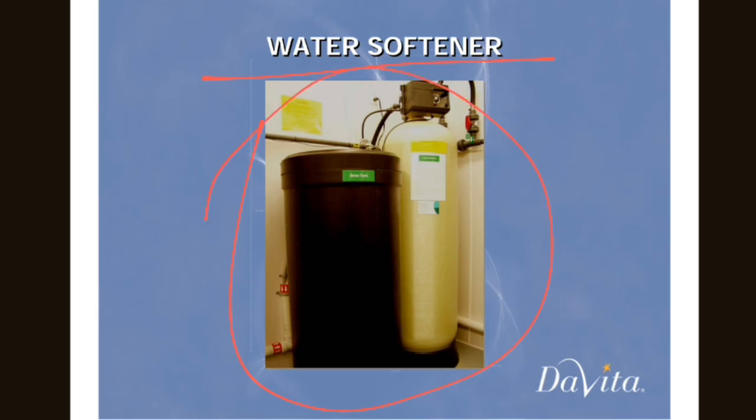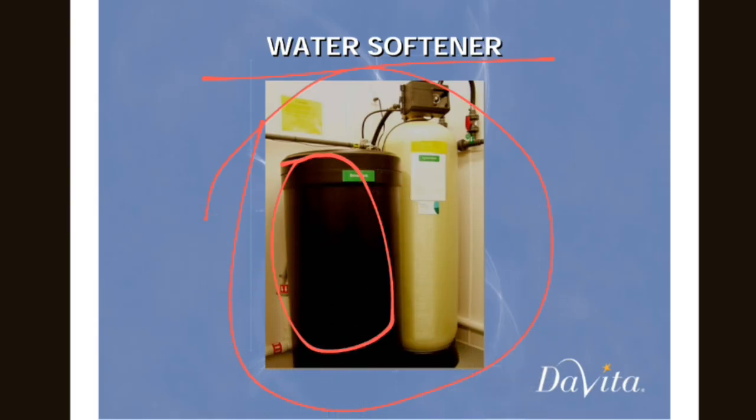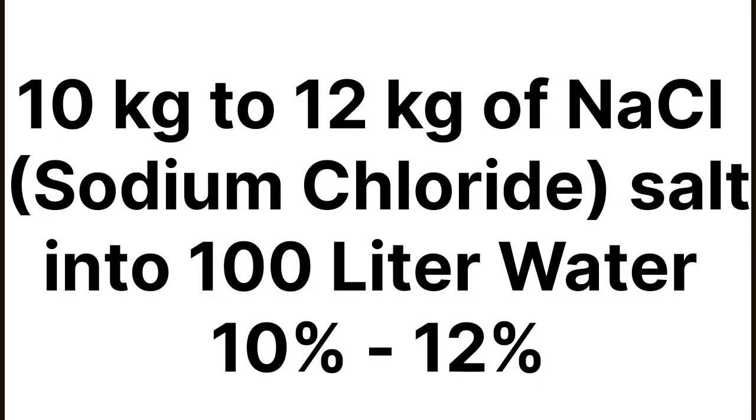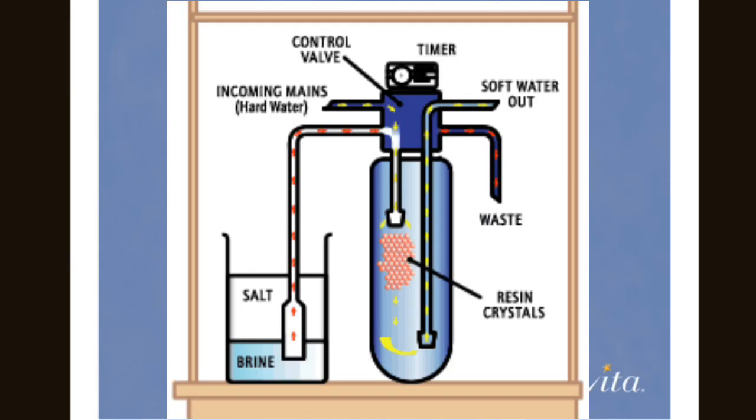So there is another tank which is called the regeneration tank. We use sodium chloride for regeneration of our resin bed in the water softener. The water softener exhausts every time of use, and then we use a regeneration process where sodium chloride passes through the resin beds, and then sodium is trapped in the resin and makes it like a new one.